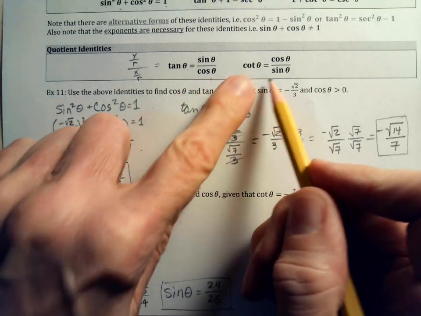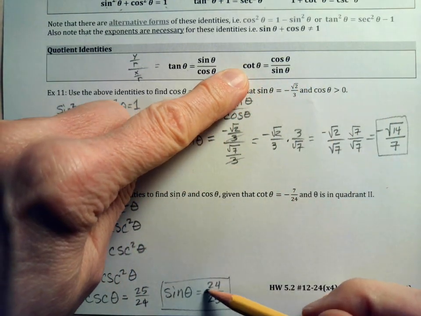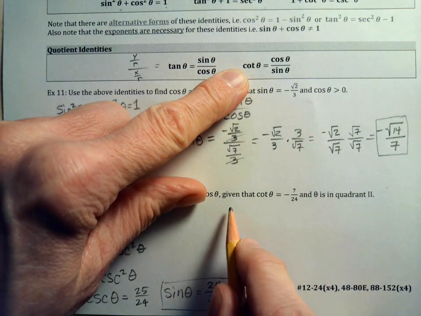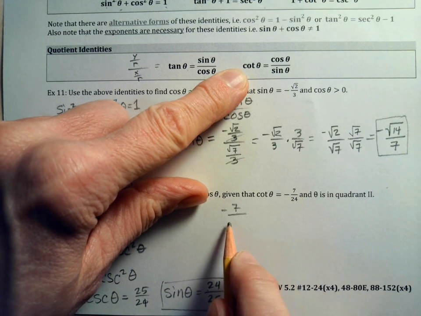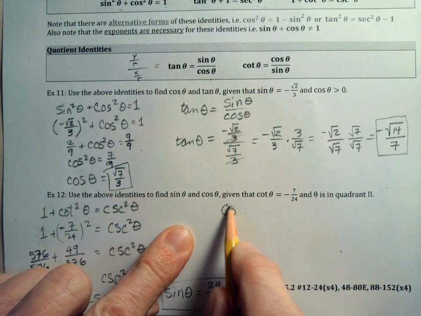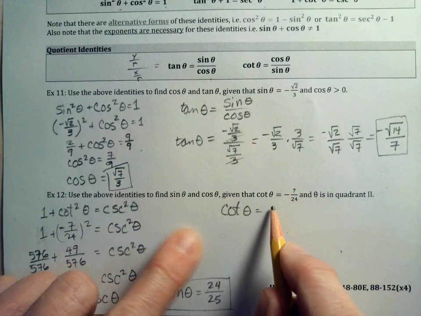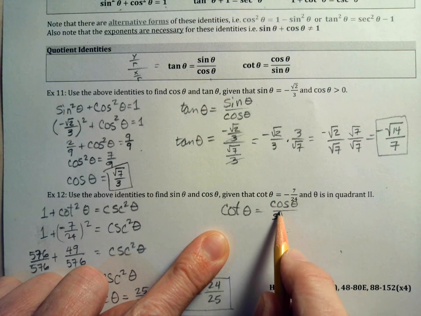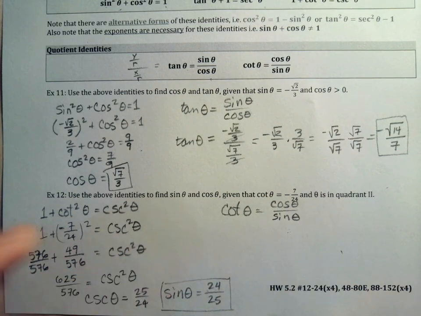Let's use this identity. We now know the sine. We also know the cotangent. They gave that to us. So negative 7 over 24, well, let's write out the identity first. The cotangent theta equals the cosine theta over sine theta. And let's plug in now what we know.